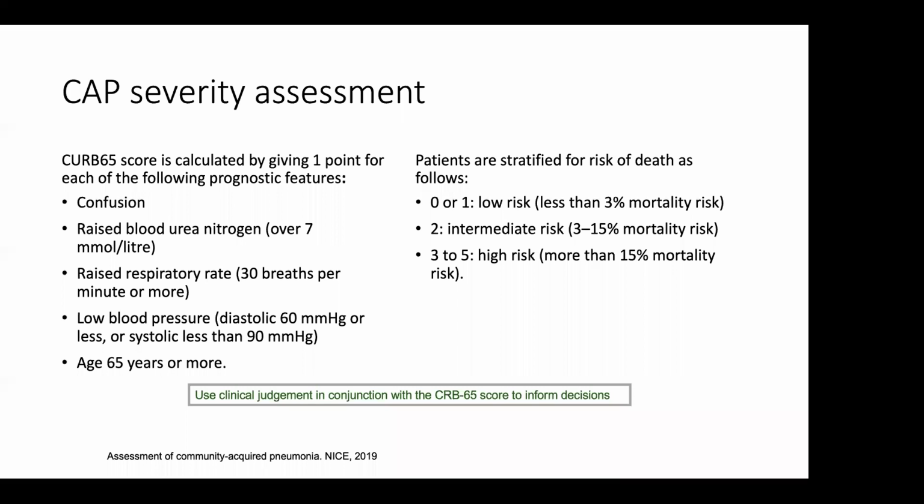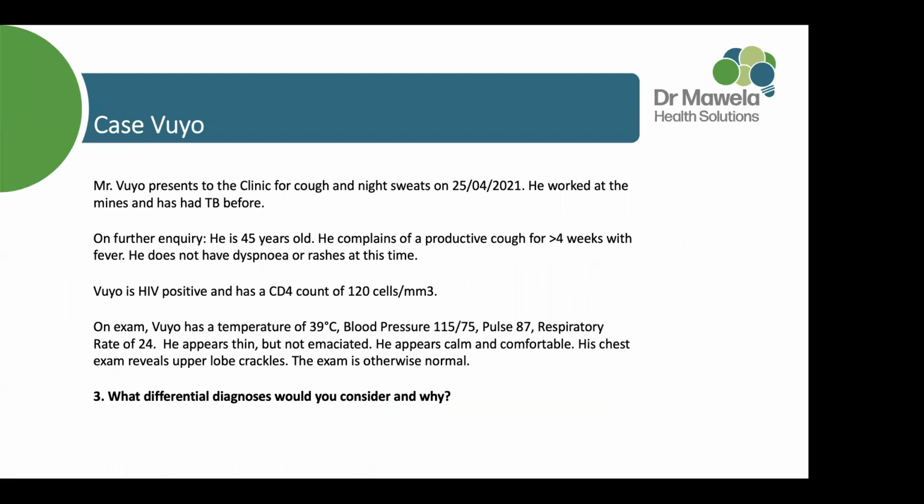But please remember, in HIV, patients might not present with high temperatures, even when they are very, very sick. So sometimes use your own clinical judgment to determine whether this patient would need urgent care or not. So if a patient presents like Vuyo, he's not dyspneic, but he's got productive cough, he's HIV positive, his temperature is 39, all the other vitals are just averagely normal.